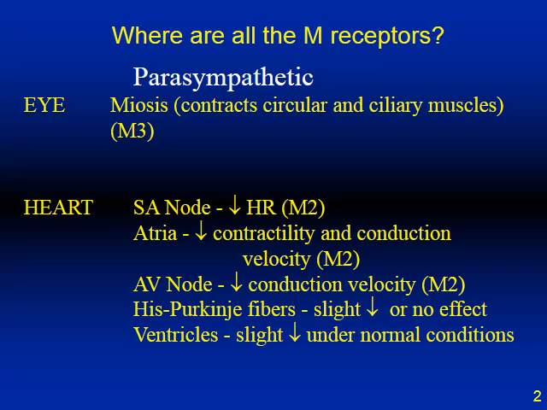As we've been spending some time on the autonomic nervous system, we know that there are many muscarinic receptors of 3 major types throughout the parasympathetic nervous system. Things such as the M3 receptor, which we see in the eye, which when stimulated by acetylcholine causes the iris to contract away from the cornea, opening up the angle.